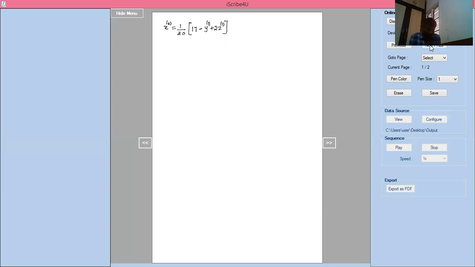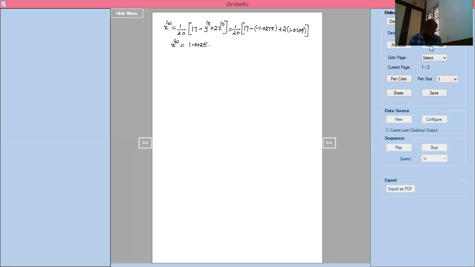So what is that y of 1? We know that. So I'll write here 1 by 20 into 17 minus y of 1. The value of y of 1 should be minus 1.0275. This is y of 1 plus 2 into z of 1, which is nothing but 1.0109. Now if I simplify this, we'll get x of 2 equal to 1.0025.